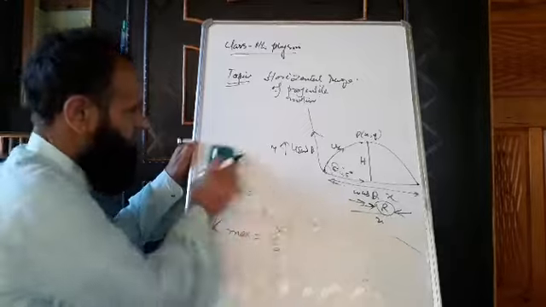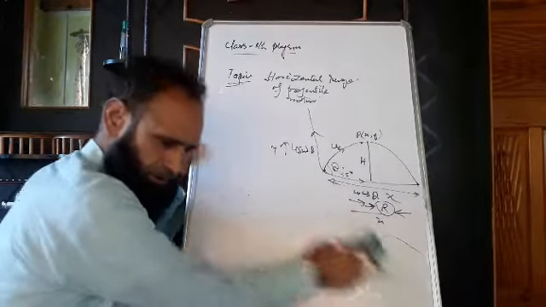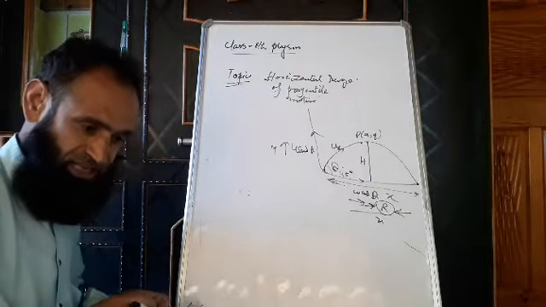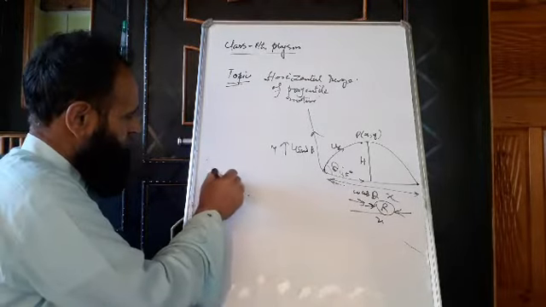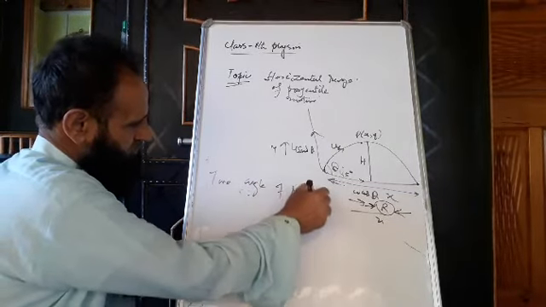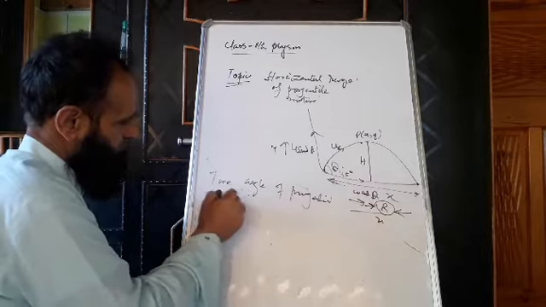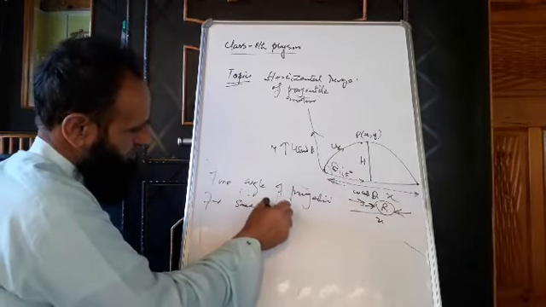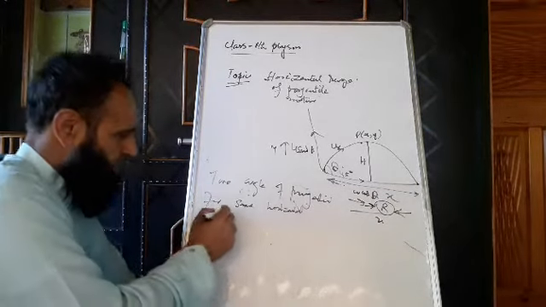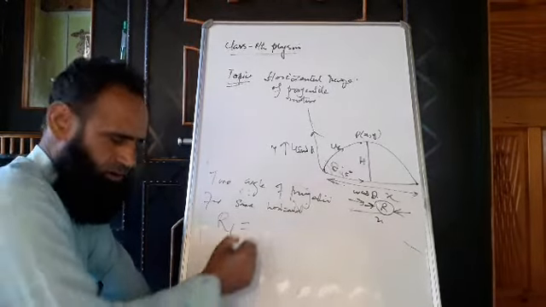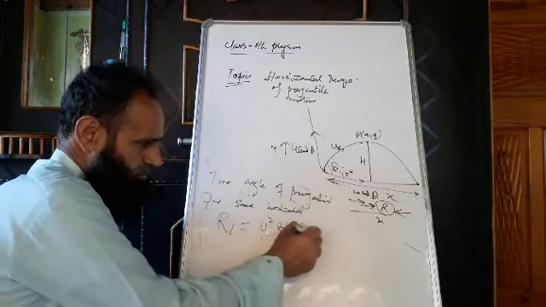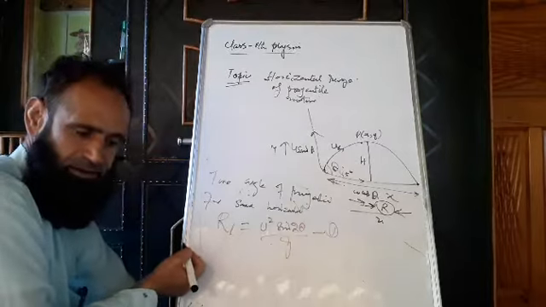Okay, that was all about the horizontal range. Now, there are two angles of projection for the same horizontal range. Let the first horizontal range be R1 is equal to u square sine of 2 theta divided by g, which we have discussed earlier.